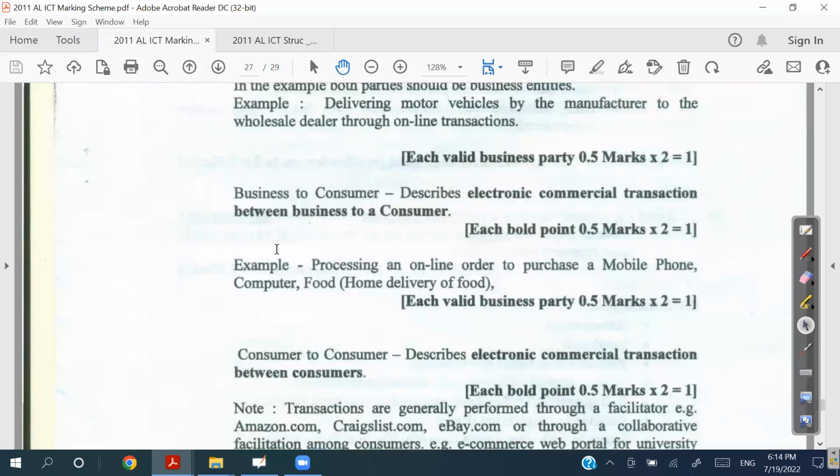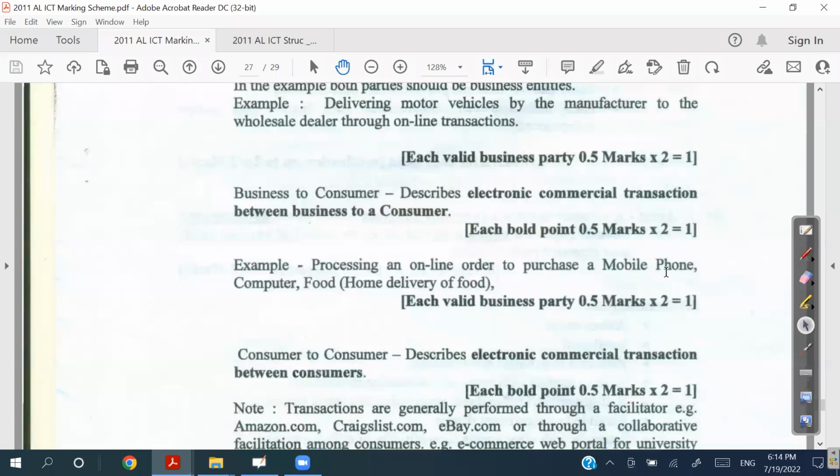The method of processing an online order to purchase a mobile phone, if you say just that, in my view it is not complete enough. Right? Then you can say, business to consumer, a party needs to be there. A person is processing an online order to purchase a mobile phone from a mobile phone shop.